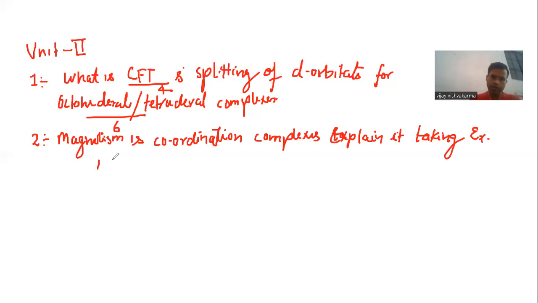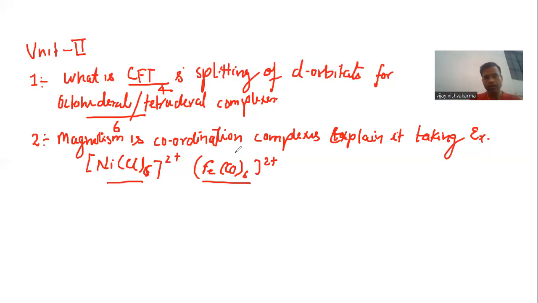They take either two complexes like NiCl6 2 plus, Fe CO 6 2 plus, these types of examples. Here the weightage will be 4, and if they give 2 examples, then the weightage will be 3 and 3. Here you have to find the magnetic moment mu.